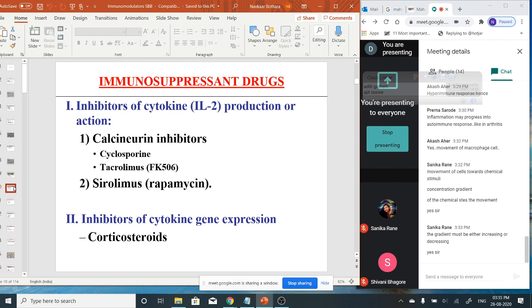There are many conditions where we have to use immunosuppressant drugs because we want that the immune mechanism should not affect there. It is just like cars moving, and somebody applies the brake but the car still skids.